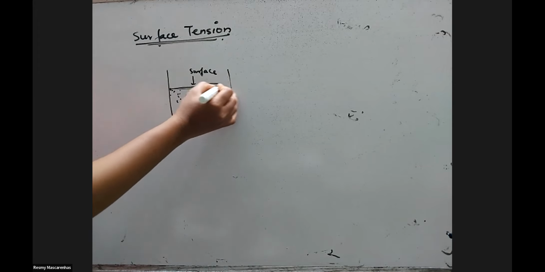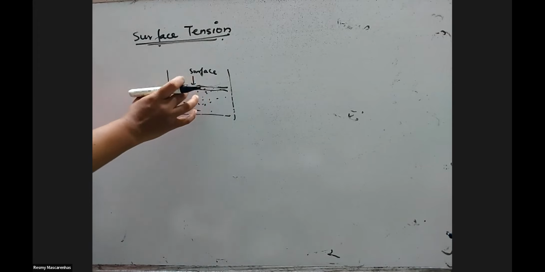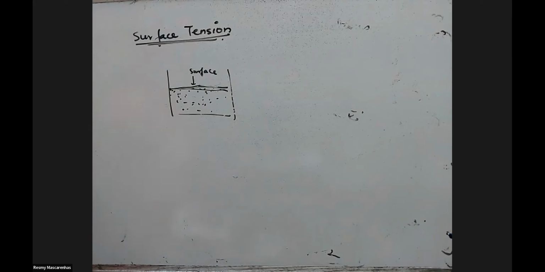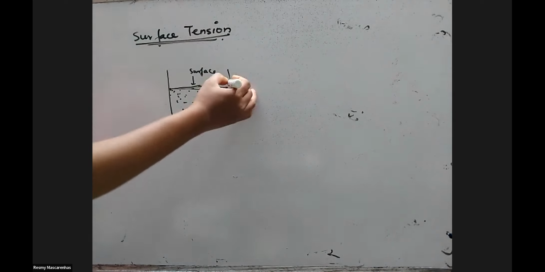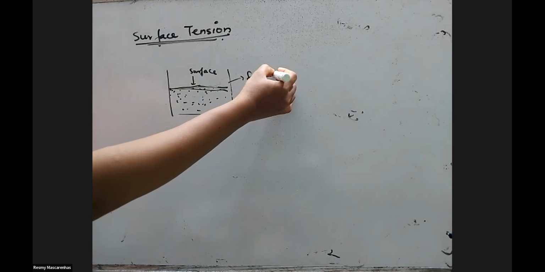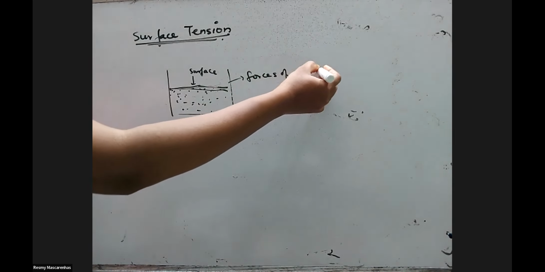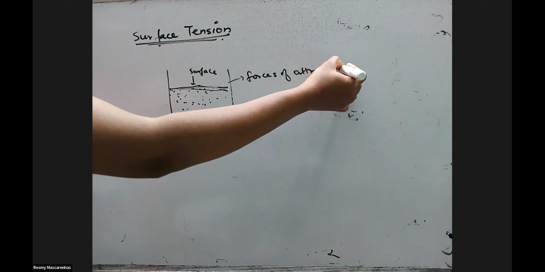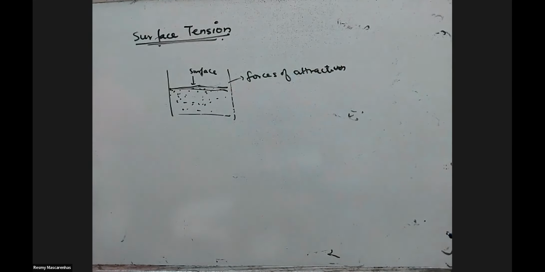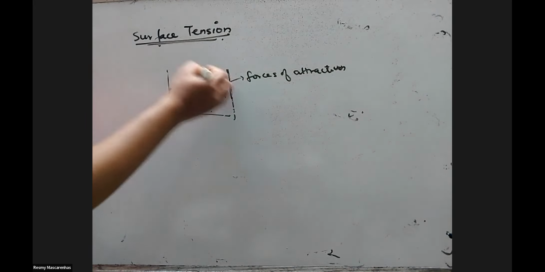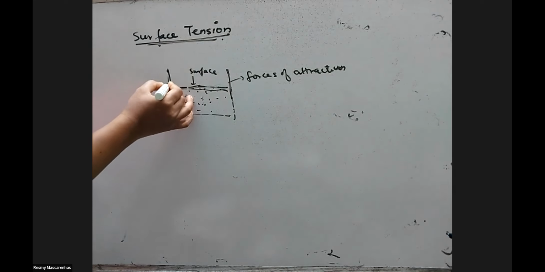Along this surface, there are some forces which act upon the molecules. These forces are called forces of attraction. What is going to happen is the molecules try to attract either towards this surface, or this surface. This is also a surface only with reference to the molecules.